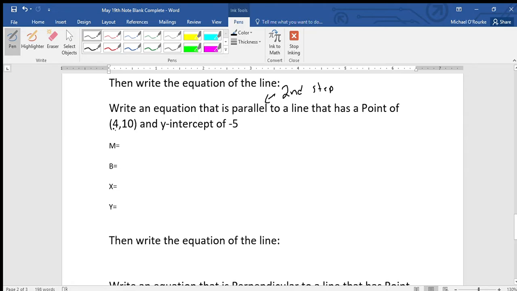So xy, so x is 4, 10, our y-intercept is negative 5. So y equals mx plus b. Let's fill everything in then that we do know.